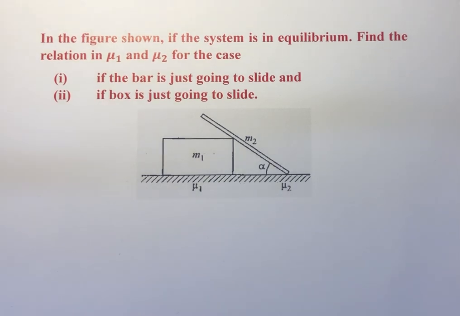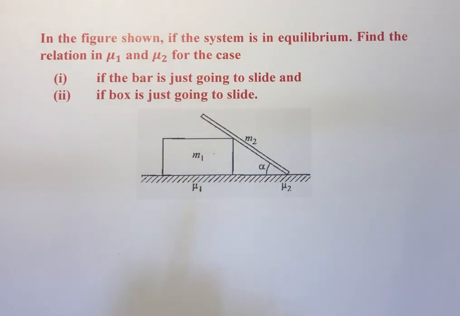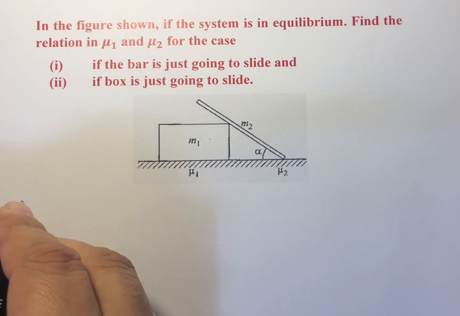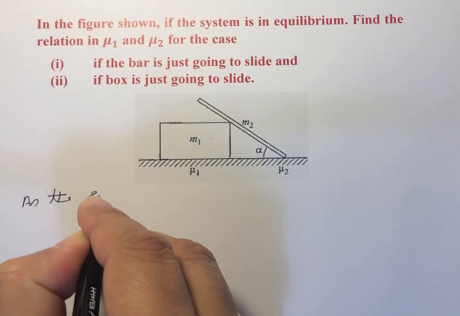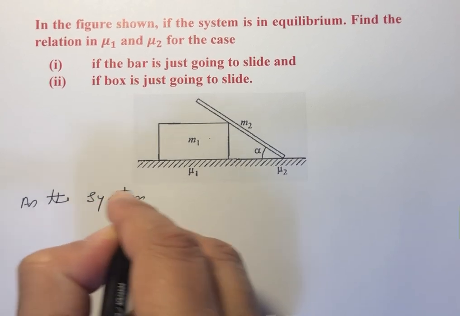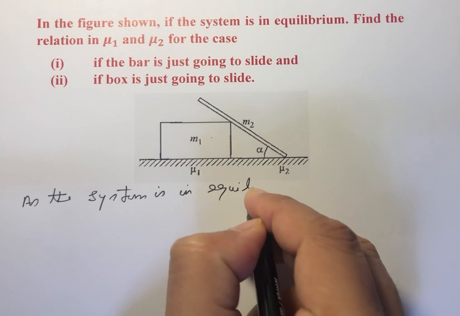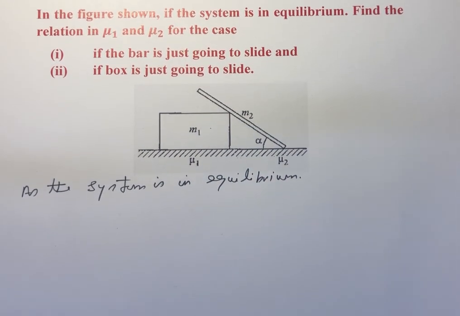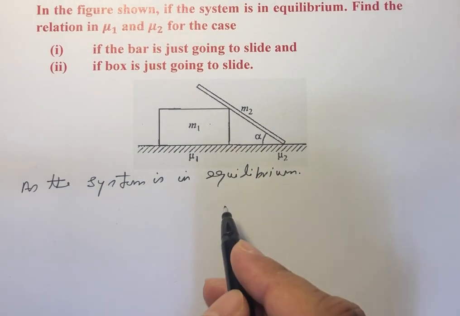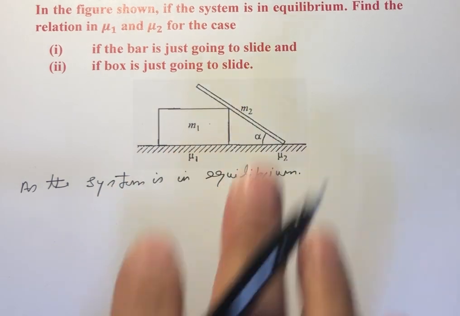So first of all, it is given that the entire system is in equilibrium. As the system is in equilibrium, we can draw the various forces which are on m1 as well as m2.